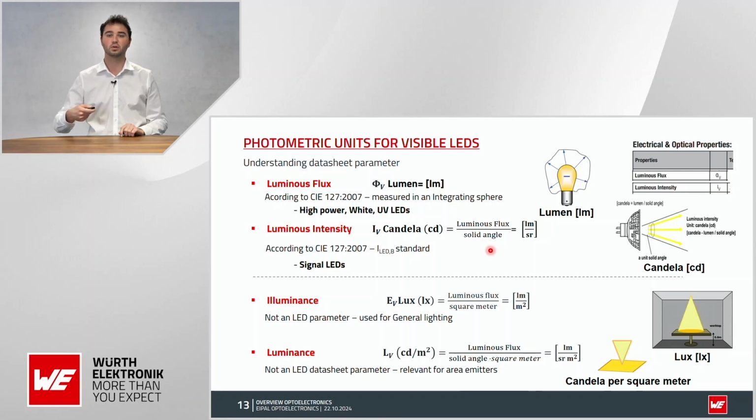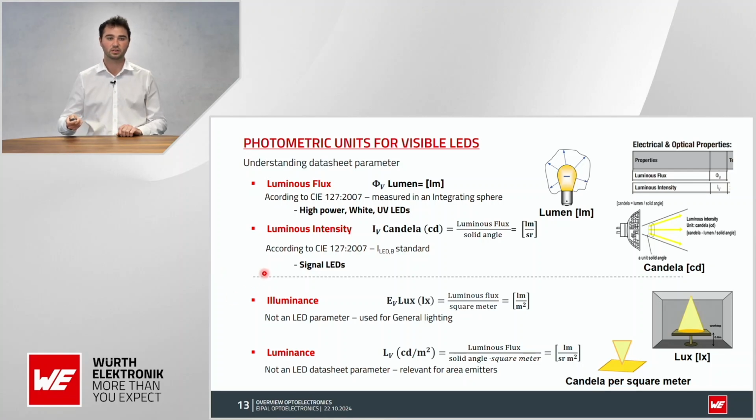Only this light that comes to the front is being used for the luminous intensity quantification. So when do you use which value? Most of the time, if you have an illumination application, you use the luminous flux because you want to know what total amount of light you get out. If you have a signal LED, you just want to show if something is on or not.